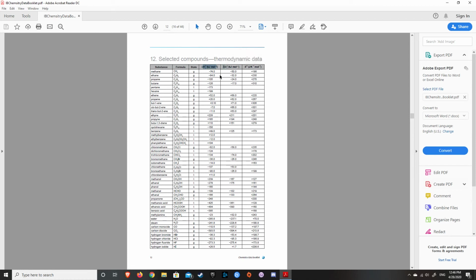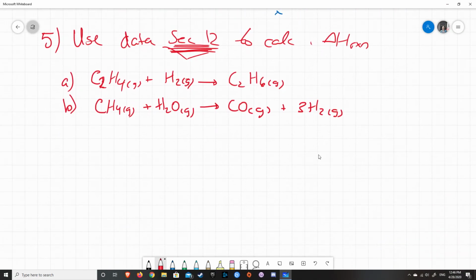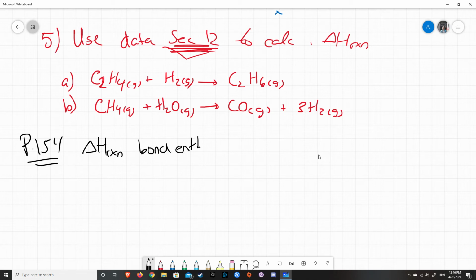And if you look in your book on page 154, this is the important one. In your book on page 154, it tells us 2 different delta H's of reaction. We could figure out delta H of reaction through using bond enthalpies, or we can calculate delta H of reaction through using delta H of formation.